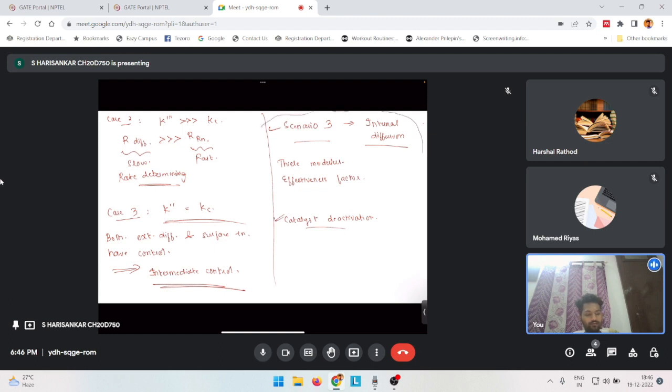We must have covered all the portions in CRE. What we'll do is one problem now, and if time permits, we'll look into these two concepts as well and see if we can squeeze in one more problem with regards to Thiele modulus and effectiveness factor.